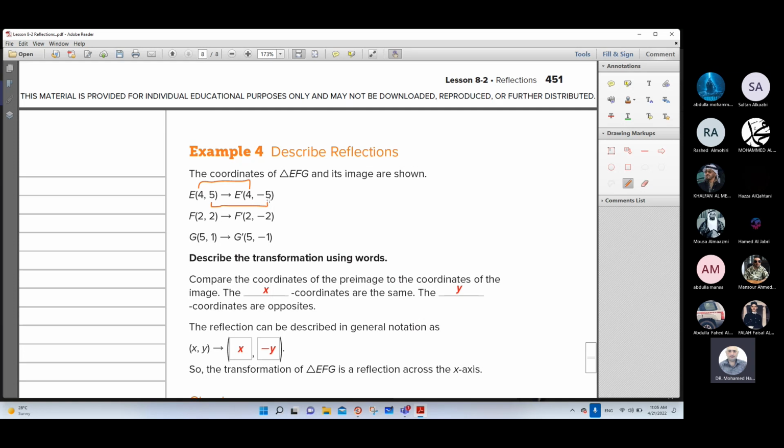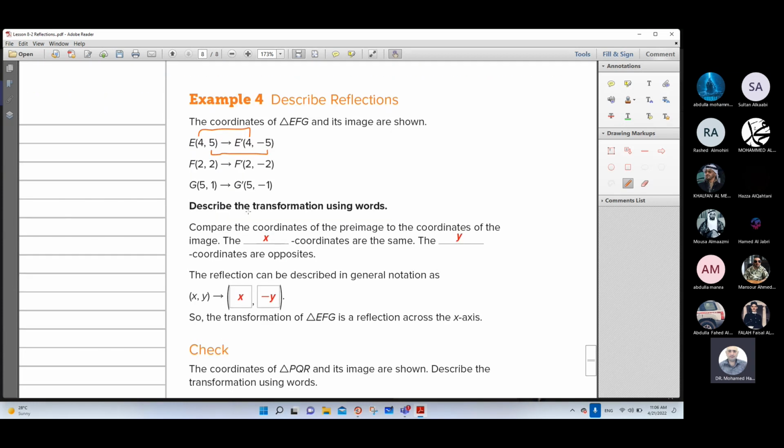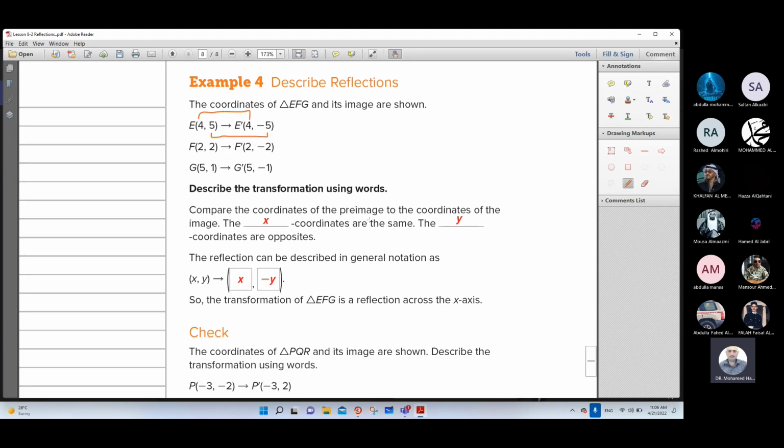If the x is the same and the y is the opposite, the reflection happened across the x-axis. Same here: 2, 2, then 2, negative 2. Same here: 5, 5, then 1, negative 1. Now describe the transformation using words. Compare the coordinates of the pre-image to the coordinates of the image. The x coordinates are the same.